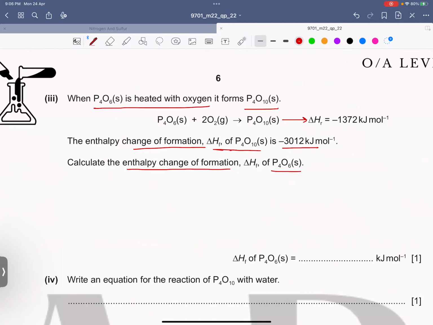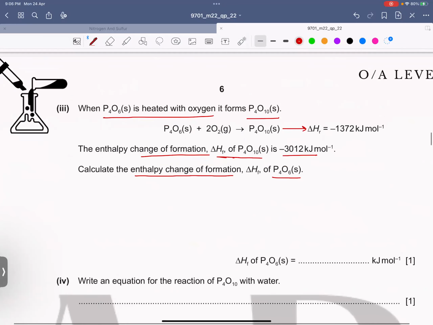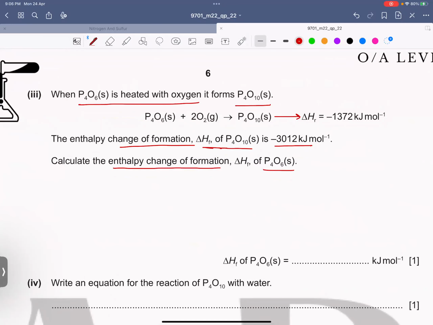So, when we talk about formation, the formation is the one where 1 mole of a compound is being formed from its elements, right? So, I would make a Hess cycle over here. So, it would be easy for you. P4O6 is reacting with 2 moles of oxygen, forming P4O10.